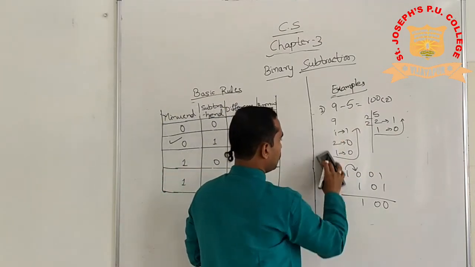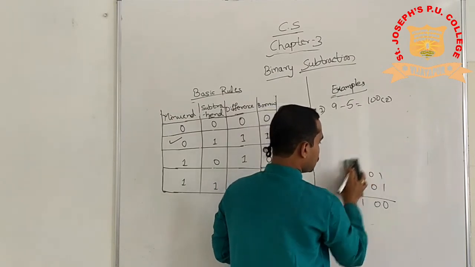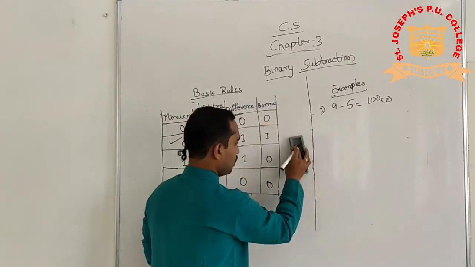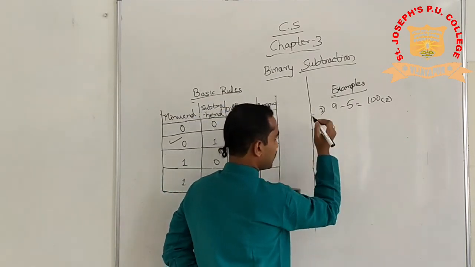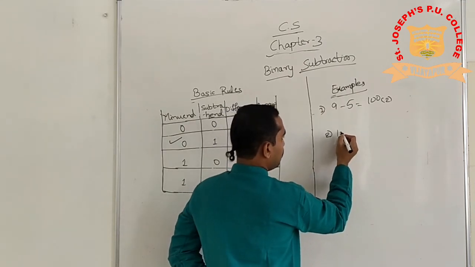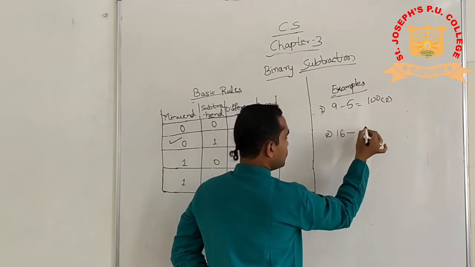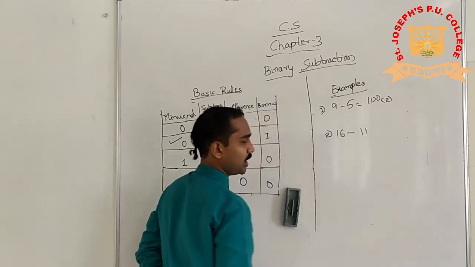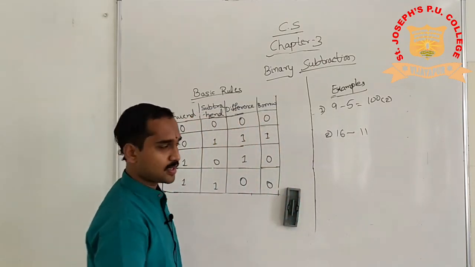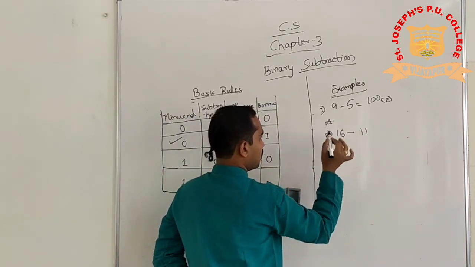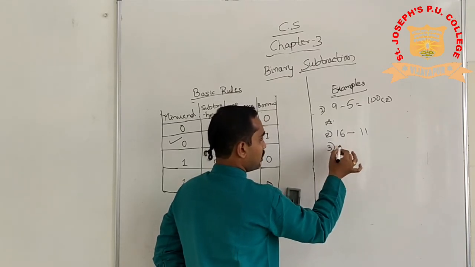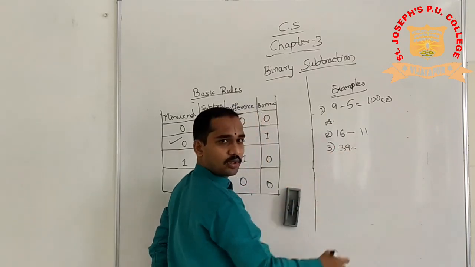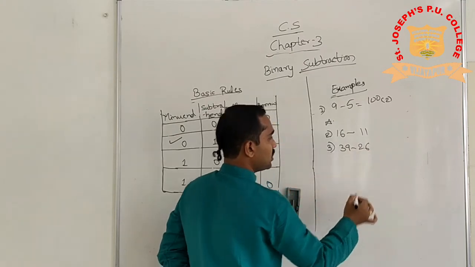Just let me give a few assignments here also, and we will wind up this session. Okay, say 16 minus 11. Take this as assignment. Then 39 minus 26.